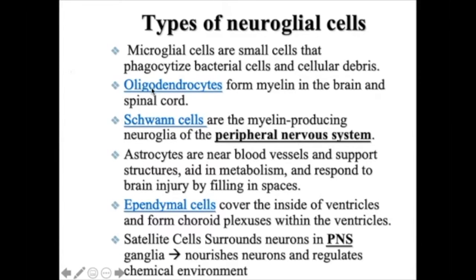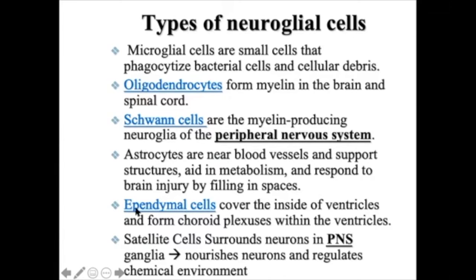The oligodendrocytes are only active in the central nervous system. I think it's worded like this. If not, then it's going to say form myelin in the central nervous system. But I'm pretty sure on the test, this is the wording. So know oligodendrocytes. Get the spelling as close as you can, and I'll give you credit. But these only do the myelination in the central nervous system. Schwann cells only myelinate axons in the peripheral nervous system.